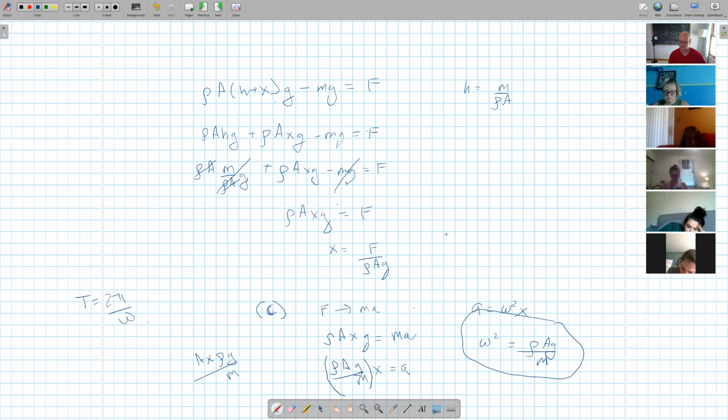For example, if I had A over B equal to Y, then 1 over Y is equal to 1 over A over B, which is the same thing as B over A. So when I invert it, I just put the denominator on top. Is that okay? Good.